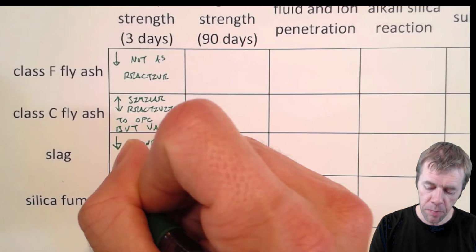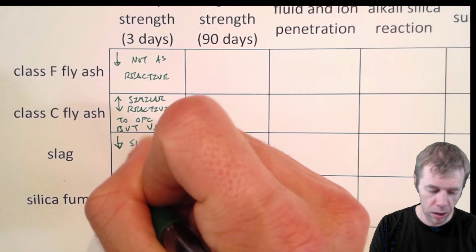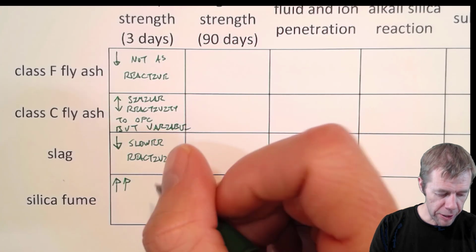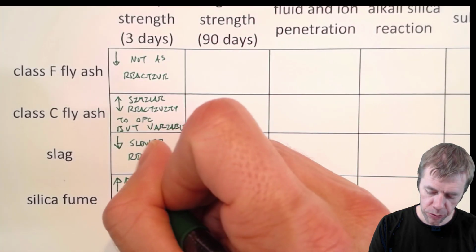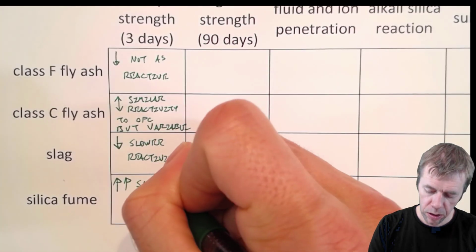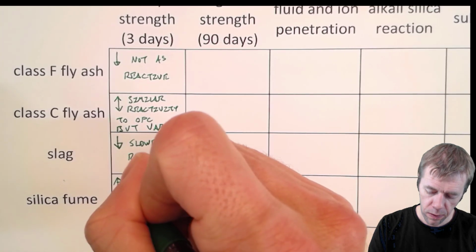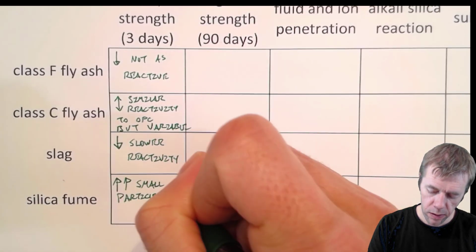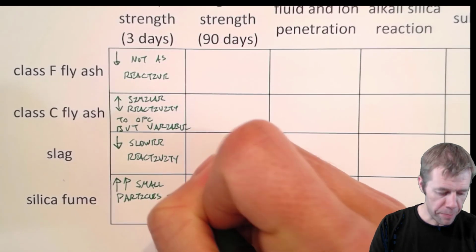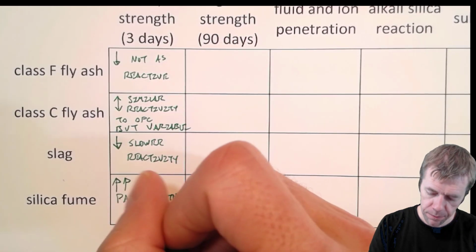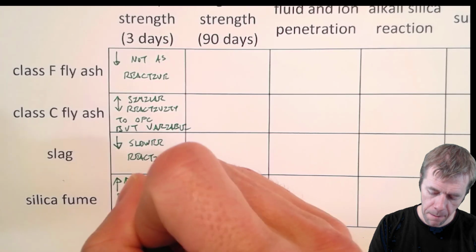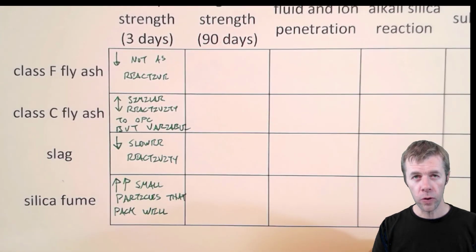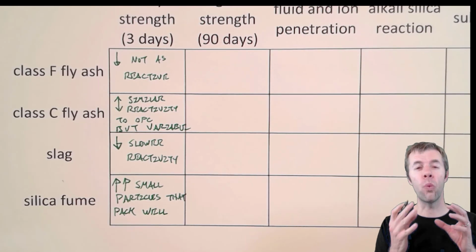Silica fume is going to have a much, much higher early age strength gain. And it's because there's small particles that pack well. All these small particles, they call it the wall effect.